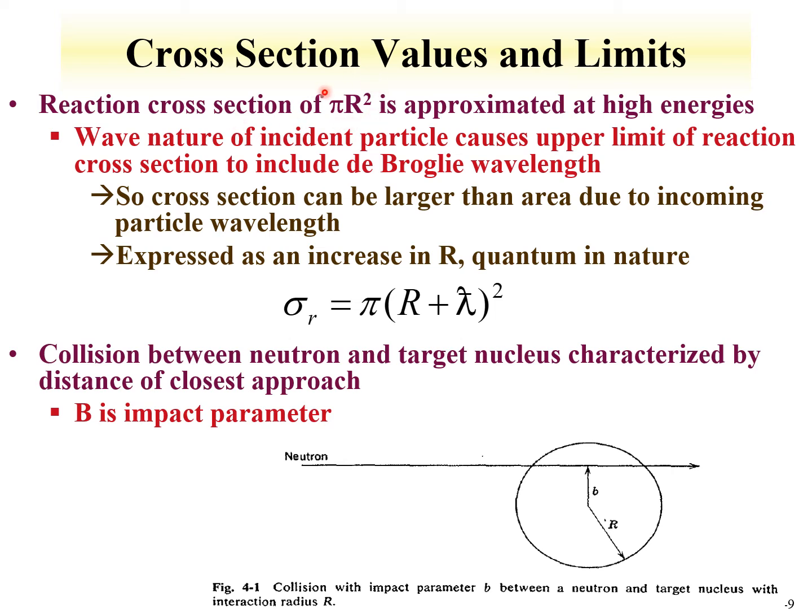Well, this pi r squared cross-section, which is fundamentally close to a barn, is approximated at high energy. However, the wave nature of particles has an upper limit of reaction that it can include, the de Broglie wavelength. So fundamentally, this equation, pi r squared, can go to pi times r plus the de Broglie wavelength, squared. So the cross sections can be larger due to incoming particle wavelength.